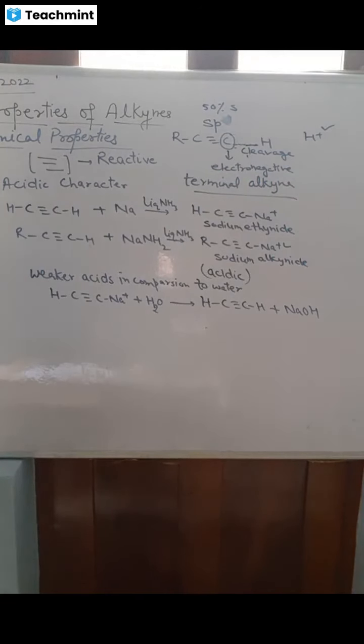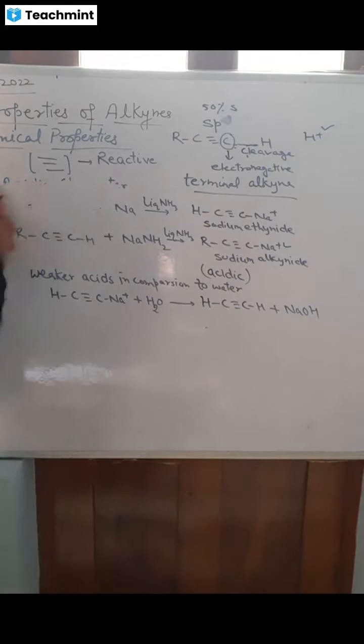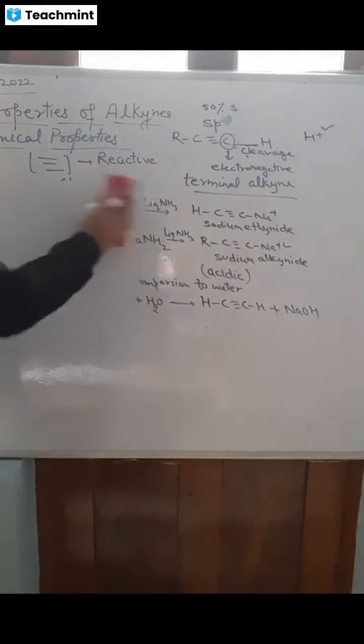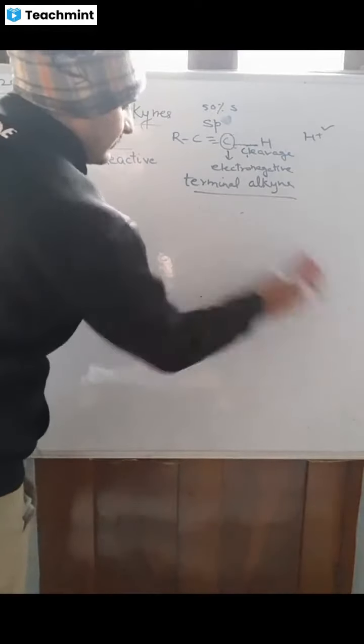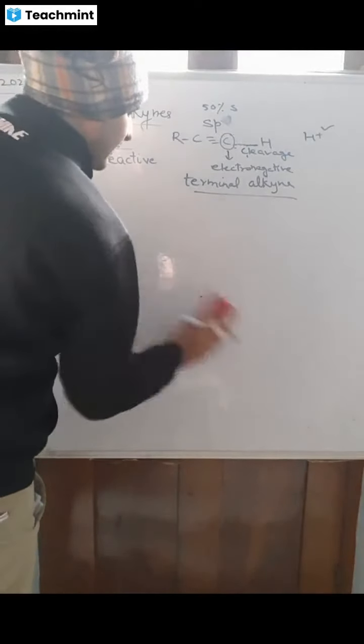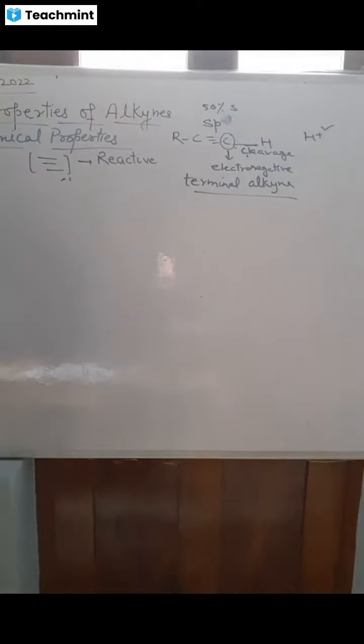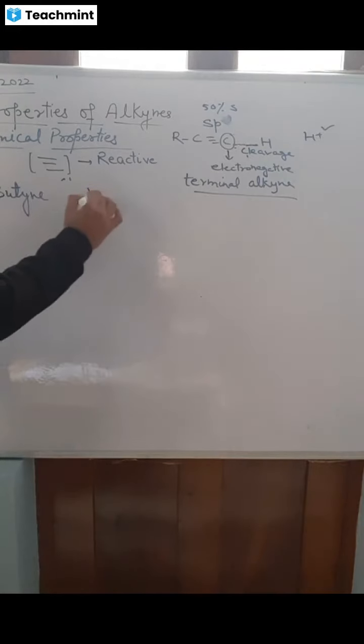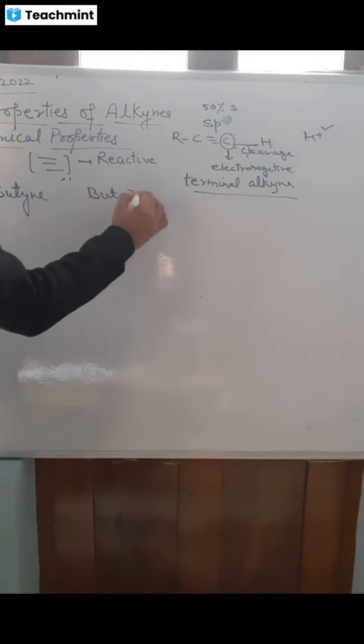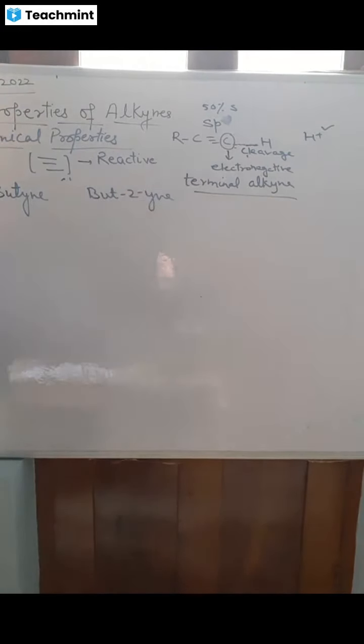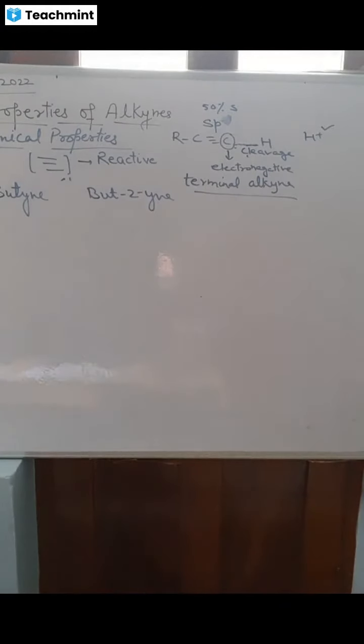So for formation of that compound, we can simply say that when your butyne-1 reacts with silver nitrate, there is a test for separation. How can we distinguish between one terminal alkyne or the other one? How can we separate butyne-1 or butyne-2? How will we distinguish them?